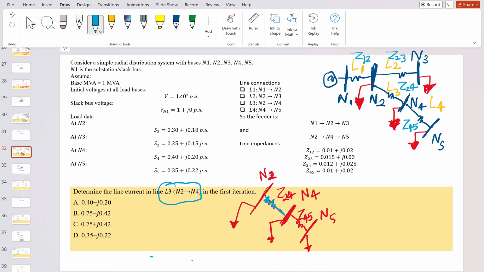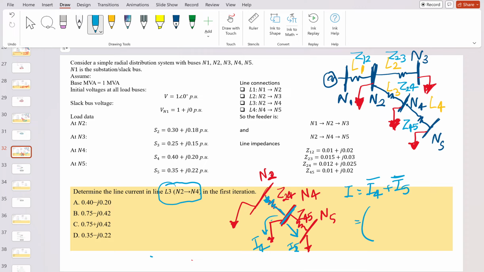So through KCL only, the current which is flowing in this load and the current which is flowing here, if you consider this as one bus, the current flowing through L3 is basically the current going into I4 and I5. So the current will simply be equal to the phasor sum of I4 plus I5. What will be the value of I4?